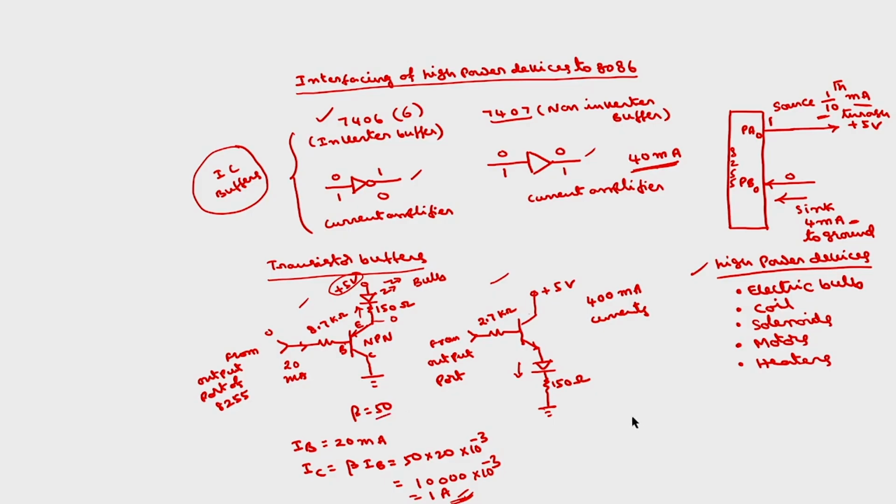If beta value is large, IC is also large. So to increase the beta, instead of using a single transistor here, we can use a Darlington pair. Using that you can again increase the current capacity.